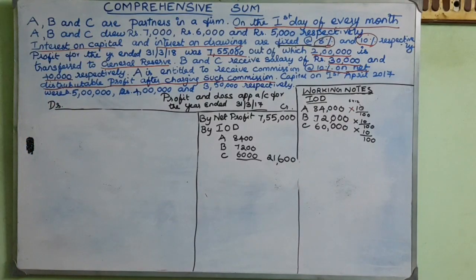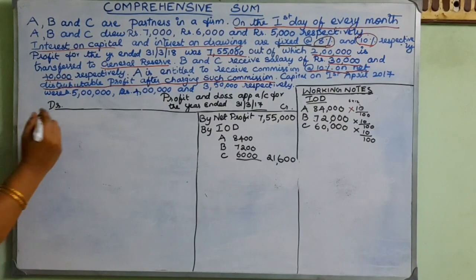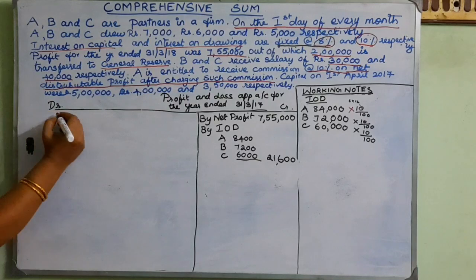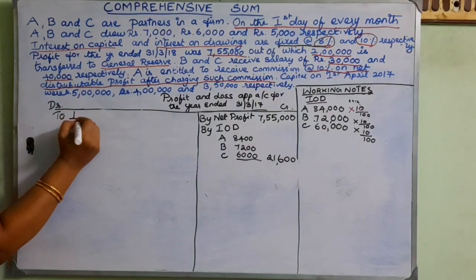Now we will do the debit side of the profit and loss account. On the debit side, the first one to come is interest on capital.